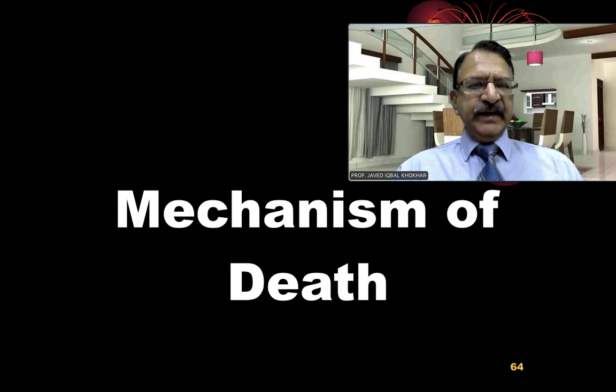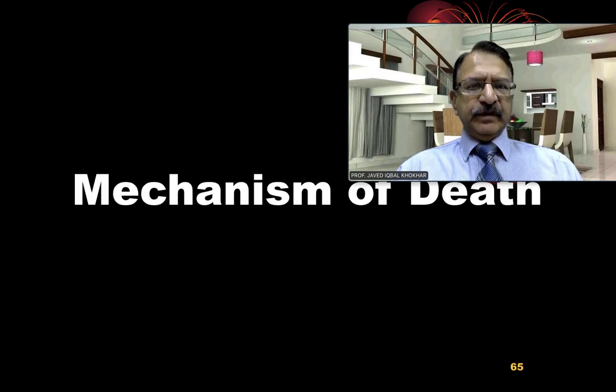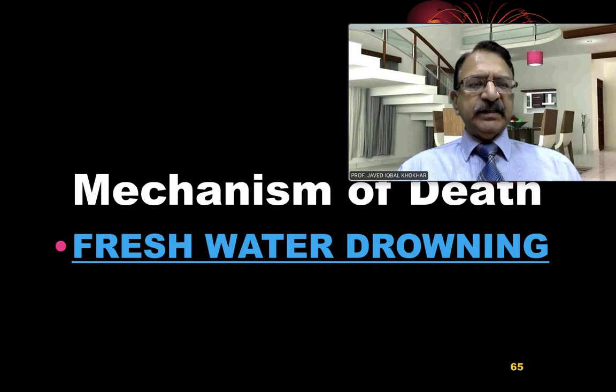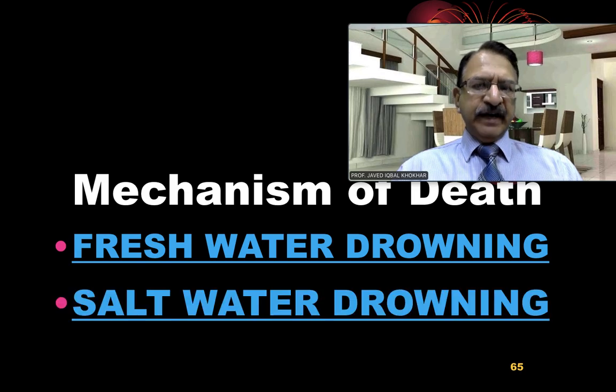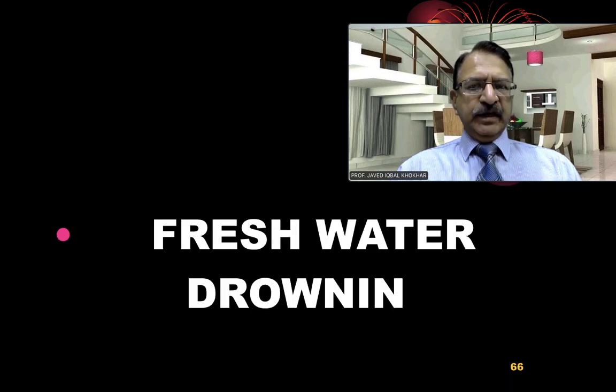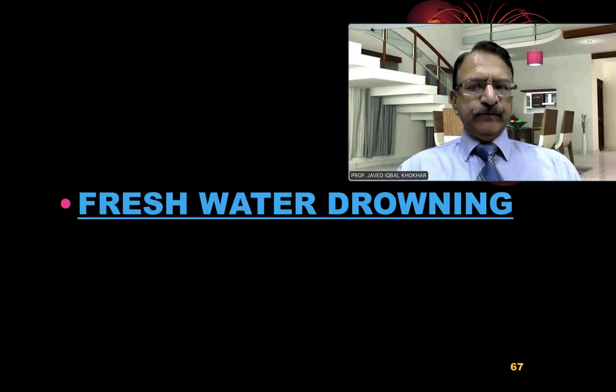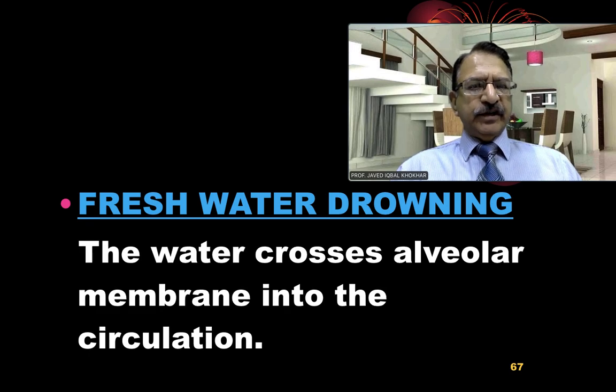Now, mechanism of death. Mechanism of death in fresh water and mechanism of death in salt water. Both the processes will be different. In freshwater drowning, the water crosses the alveolar membrane and gets into the circulation.